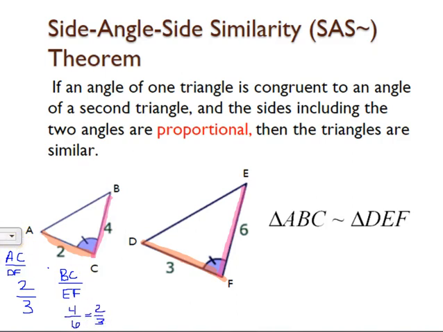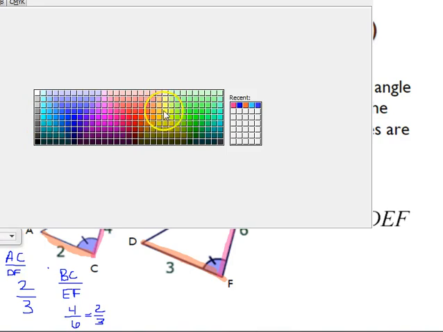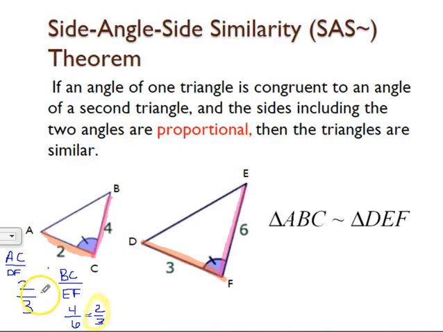So our sides are proportional because they both reduce to the same ratio of 2/3. So we have two sets of proportional sides with a set of congruent angles sandwiched in, and using the side-angle-side similarity theorem, we're able to prove that those two triangles are in fact similar.